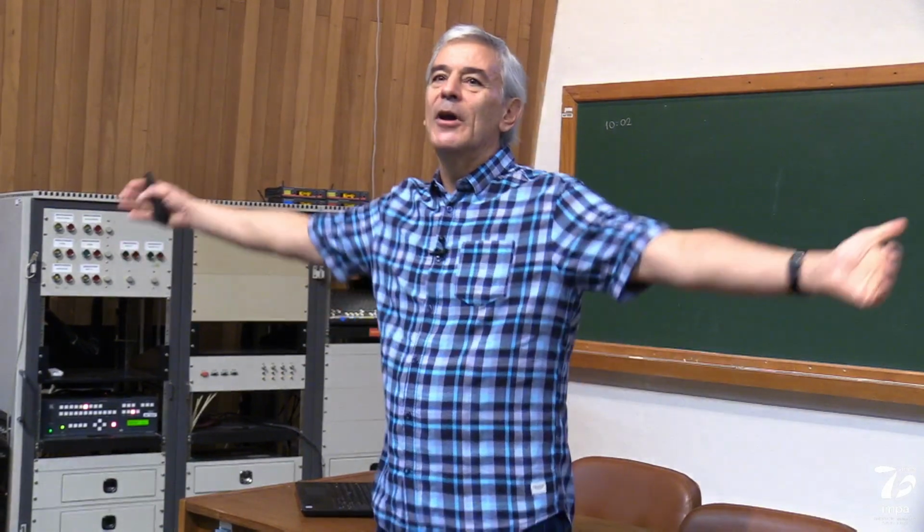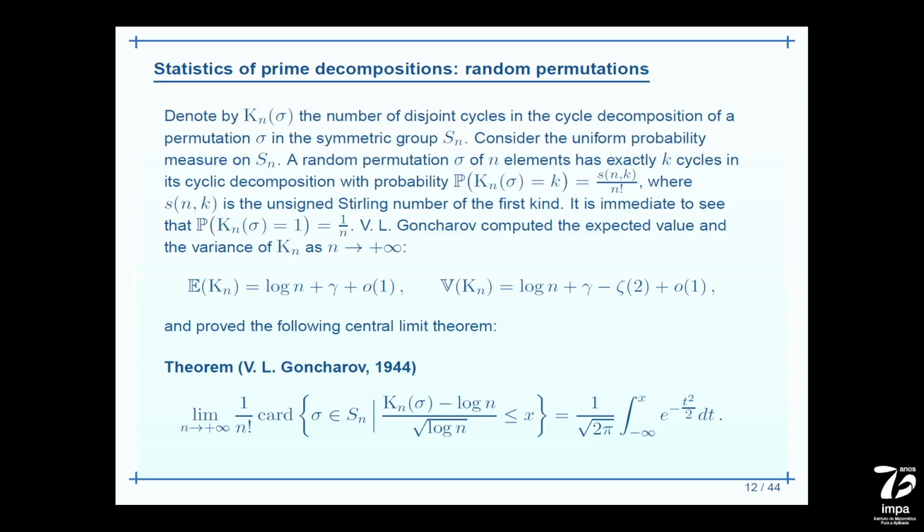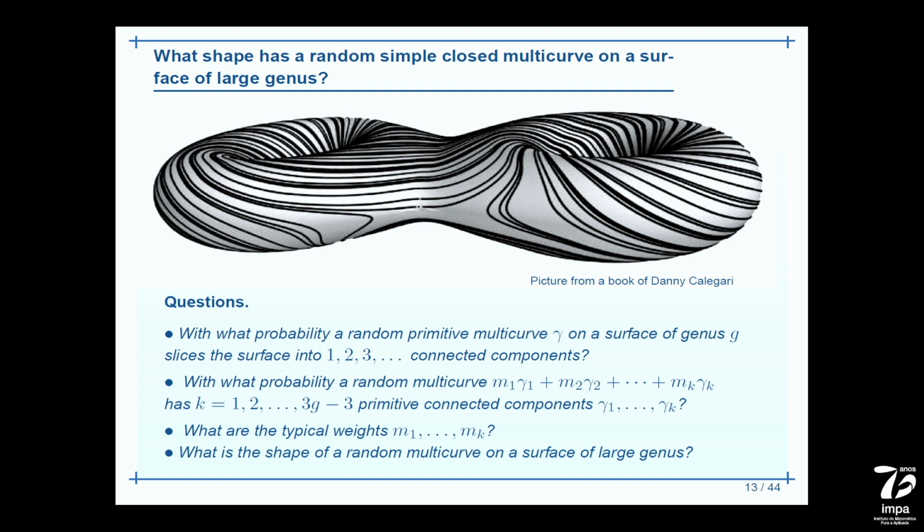First, I fix the genus, I let the number of squares tend to infinity, or I fix the genus and I consider longer and longer multi-curves, and I collect statistics on frequency of multi-curves, and then I look what happens when genus is large. And I repeat all the equations which were already on the blackboard.